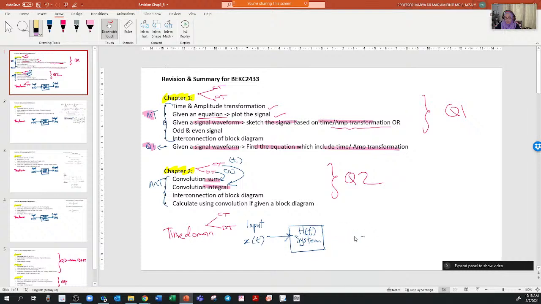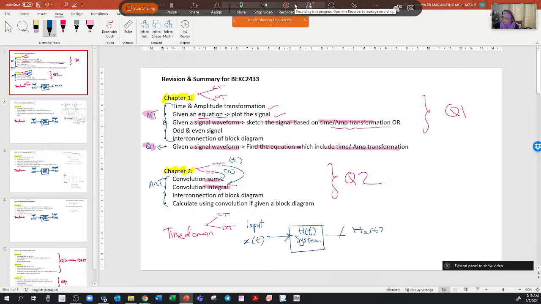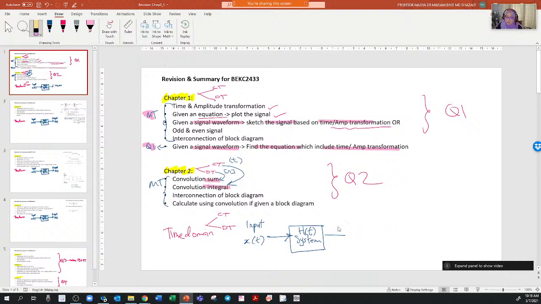If I add one more system, H2(t), you have two blocks interconnected, and as I mentioned in the previous revision class, you might have one more block, H3(t).